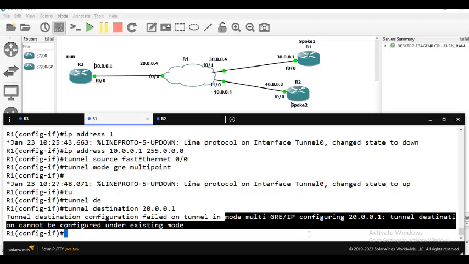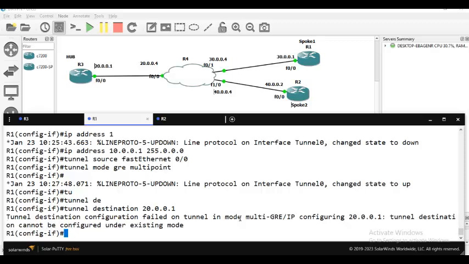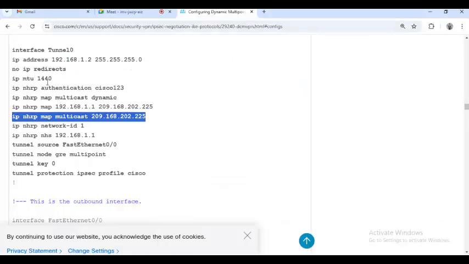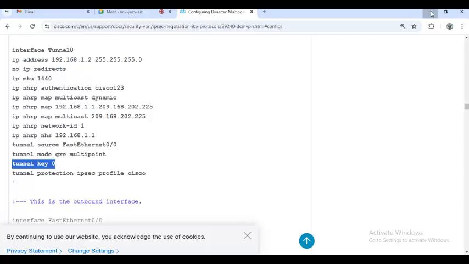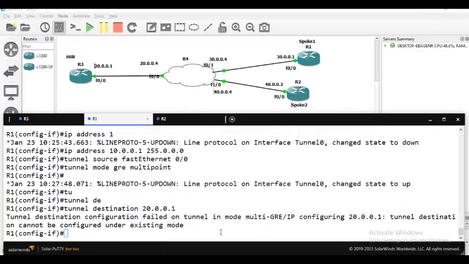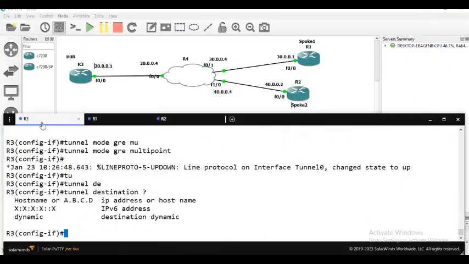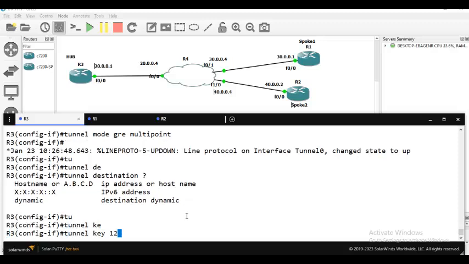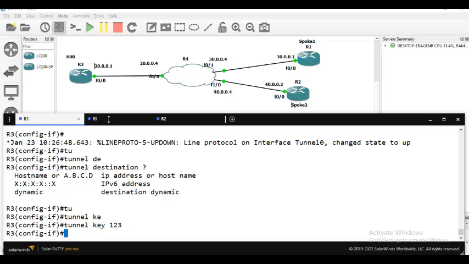On all the routers, you should give the same thing. So let's go to R3 and say tunnel key 1, 2, 3. Give the same thing on all devices. So forget about destination. You don't need to say destination at all in any router.